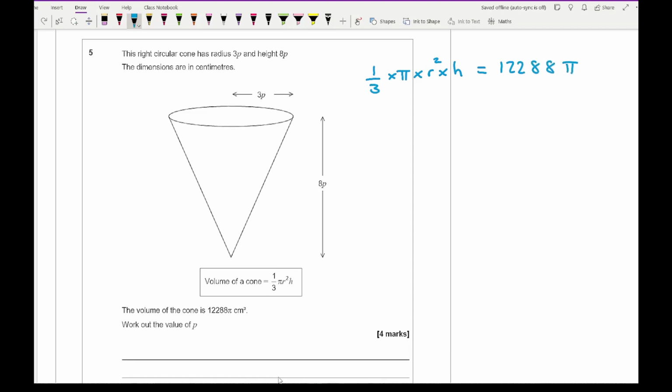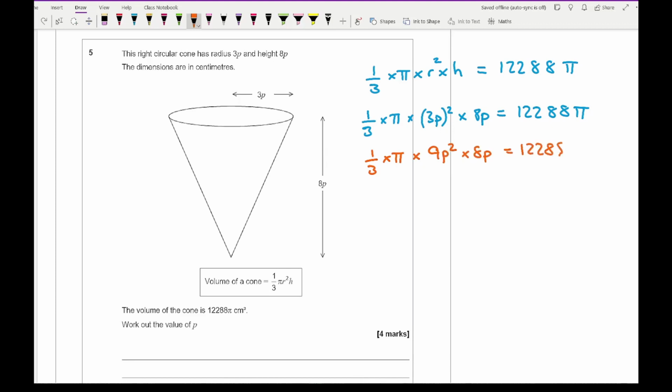Now the radius is 3p, so that becomes a third times pi times 3p squared, and the height is 8p, so times 8p, and that equals 12288 pi. Now straight off the cuff, if I simplify the 3p squared, I've got a third times pi times 9p squared times 8p equals 12288 pi.